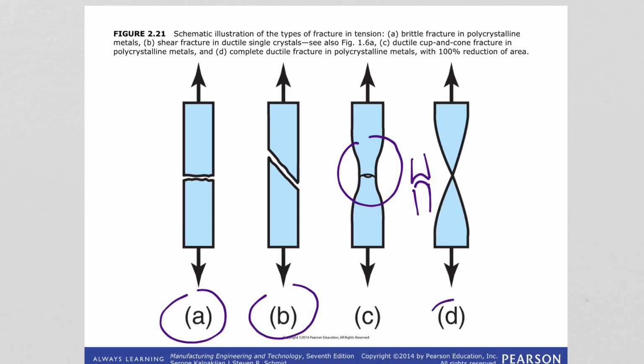And D is complete ductile fracture in polycrystalline materials. As you can see, 100% reduction in the area. This is usually materials like gold, lead, where they are highly ductile materials, they can experience a point before they actually fail.